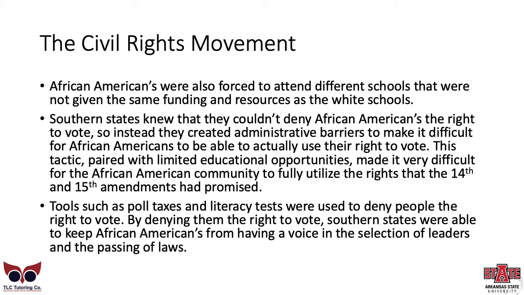Tools such as poll taxes and literacy tests were used to deny people the right to vote. By denying them the right to vote, Southern states were able to keep African Americans from having a voice in the selection of leaders and the passing of laws.